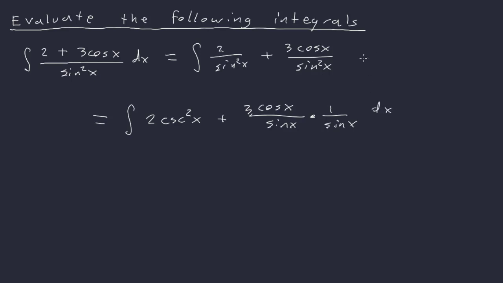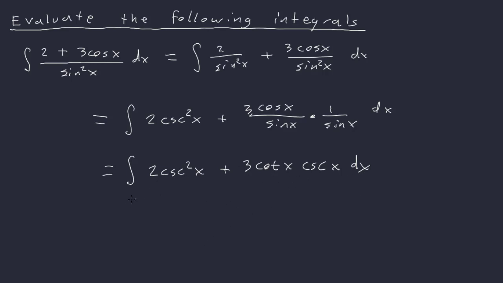I'm forgetting my dx's here. That's not good practice. All right, so we'll have 2 cosecant squared x plus, this is cotangent, so 3 cotangent x, and this is cosecant, 1 over sine is cosecant. So we have 2 cosecant squared x plus 3 cotangent x cosecant x dx.